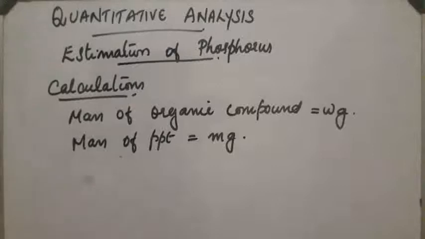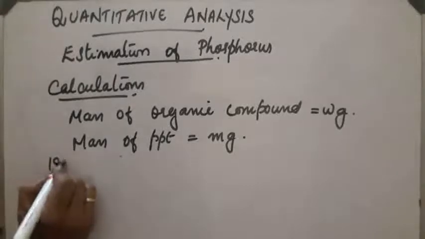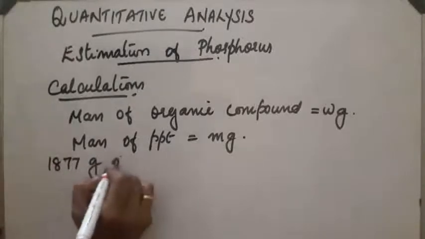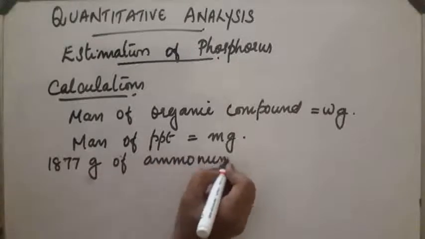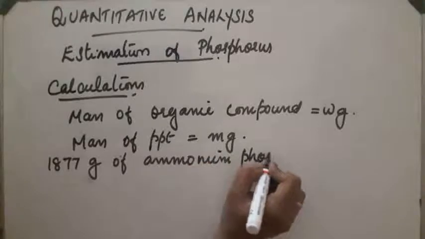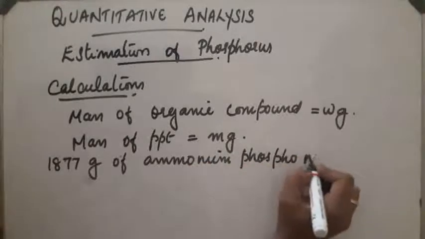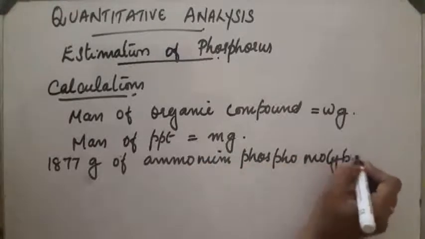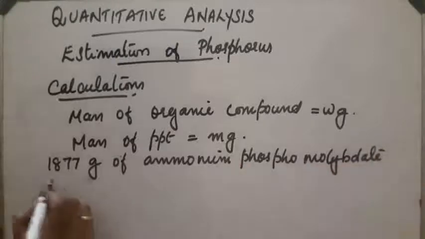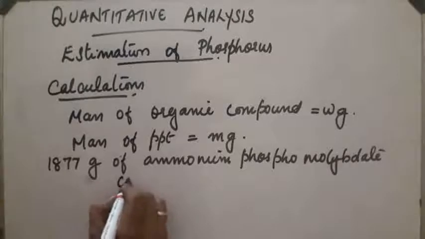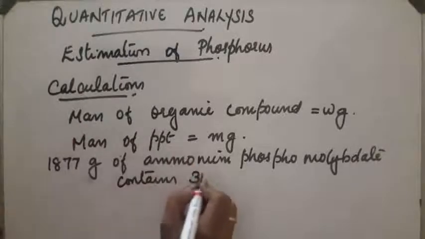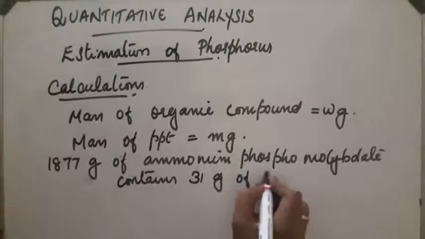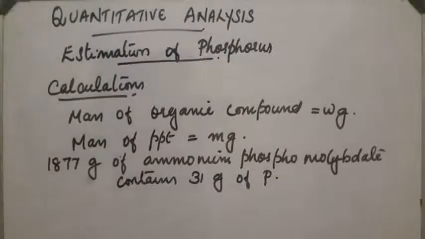Now 1877 gram of ammonium phosphomolybdate, that is the precipitate, this is its molecular mass, contains 31 gram of phosphorus.